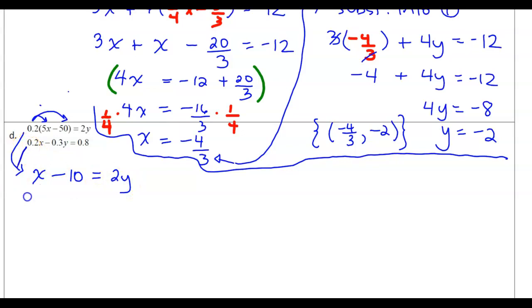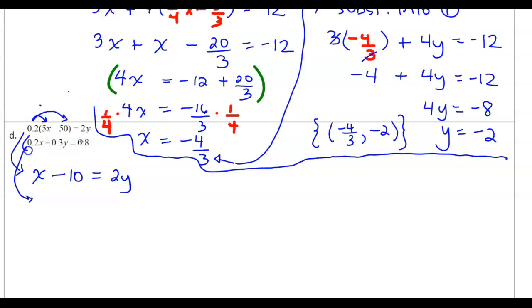This one, there's no brackets, but I've got 0.2x, negative 0.3y, I've got 0.8. What number could I multiply every term by to get rid of the decimals? 10, right? To move the decimal place 1 to the right, I could multiply by 10.